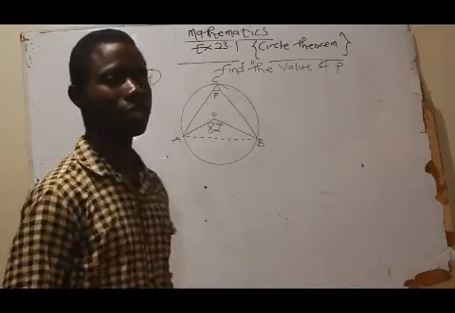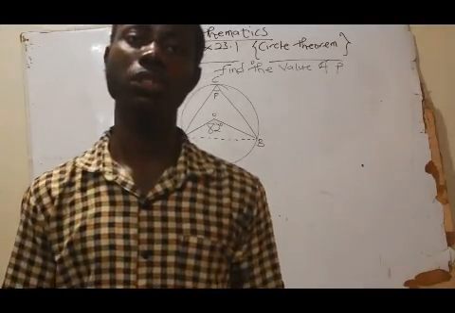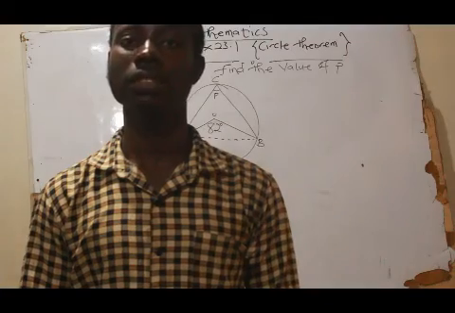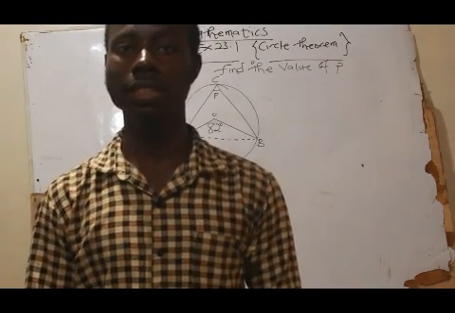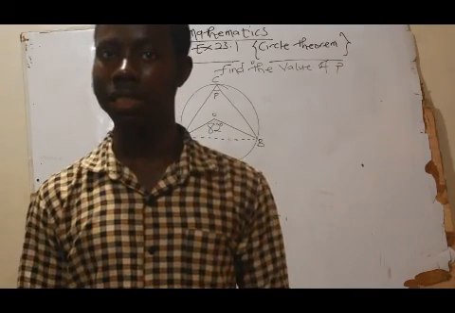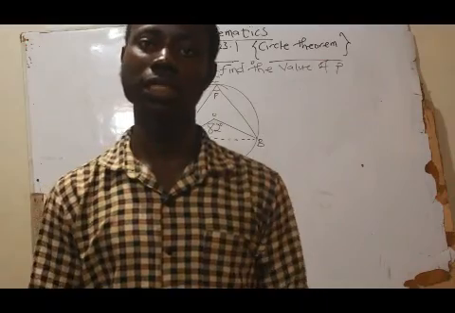Now we can see that this chord is subtending an angle at the center of the circle. At the same time, it is also subtending an angle at the circumference of the circle. Because of that, there is a property in circle theory which says that when a chord subtends an angle at the center of the circle, it is twice the angle it subtends at the circumference.